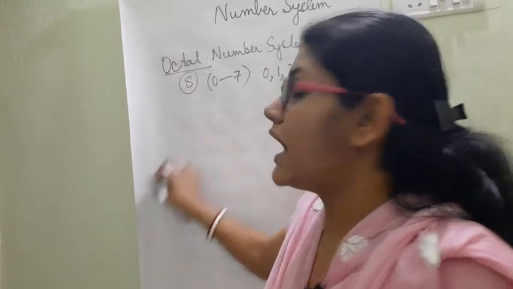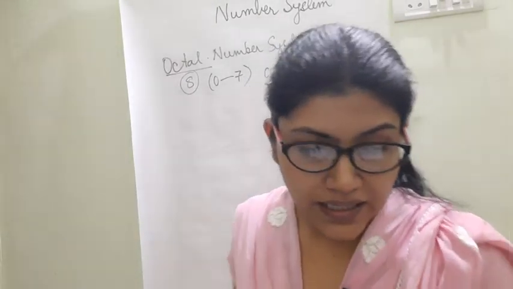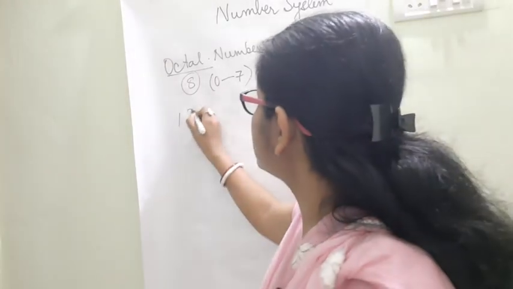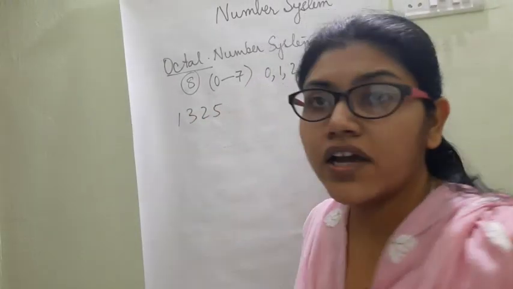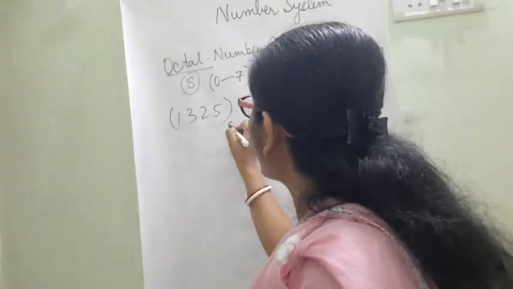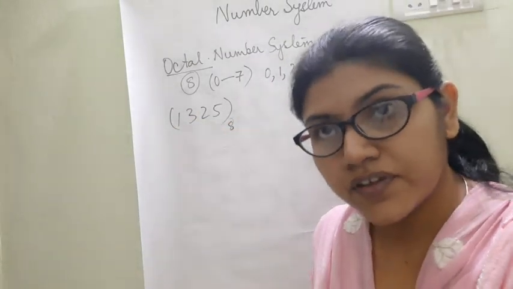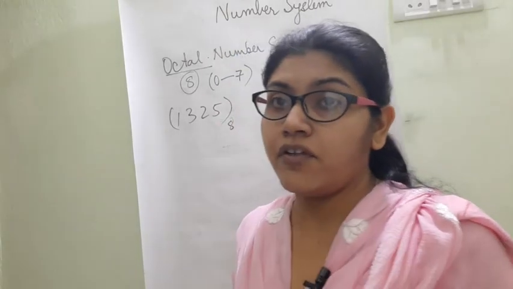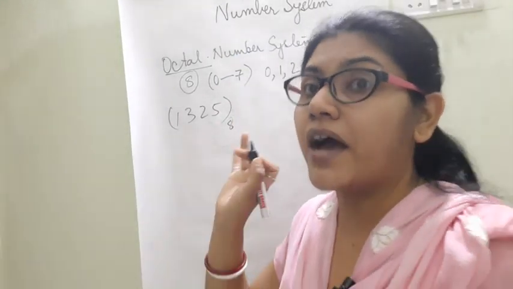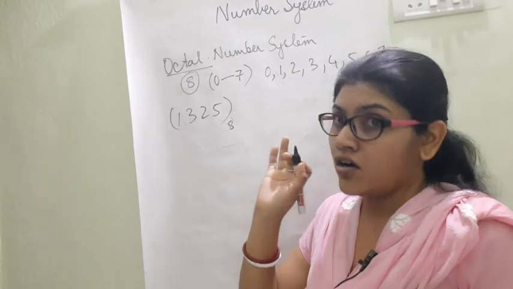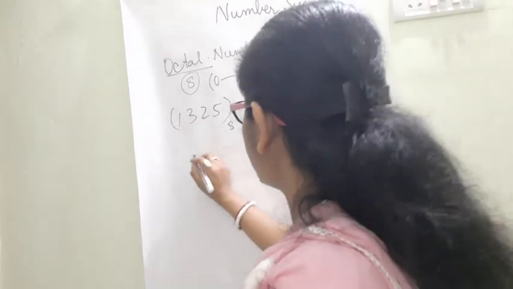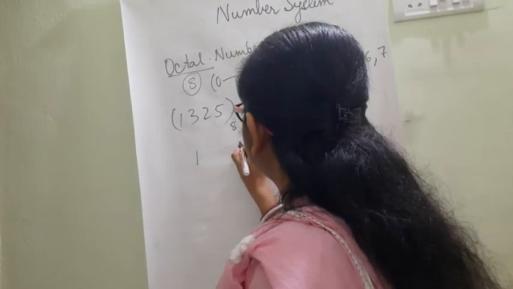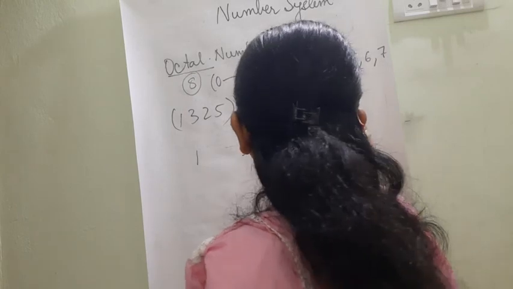Next, how to convert. Like we are taking a number 1325, base 8. This is an octal number system. Same way we will convert as we have converted in binary number system and decimal number system. Same thing, 1 3 2 5.